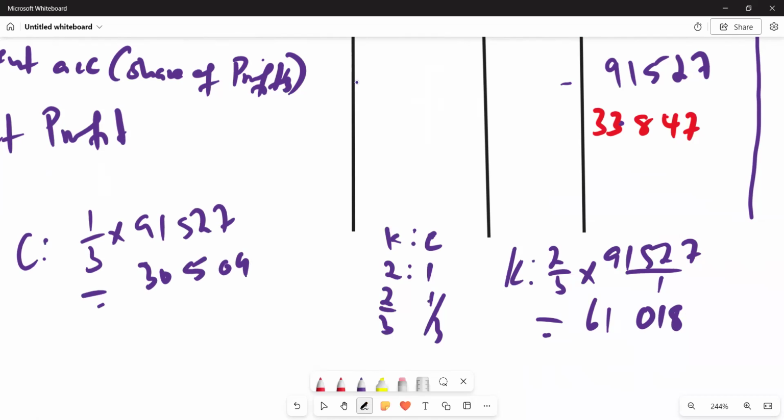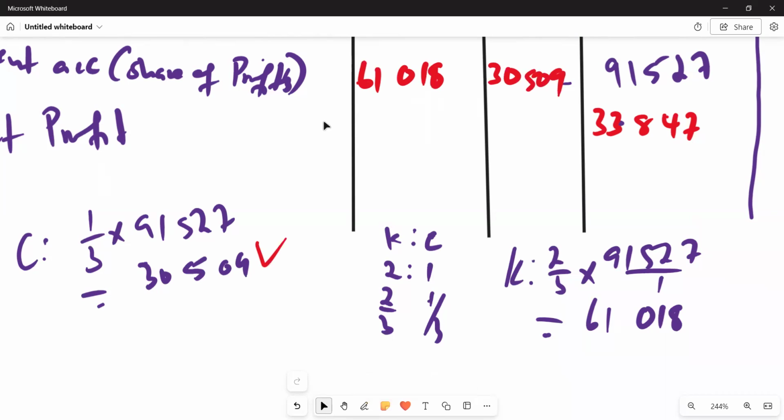For Kate we have 61,018, sorry, not in that row, but we can put it here where we have our profit that is supposed to be shared. And then here we have 30,509. So this is how we have prepared our appropriation account.